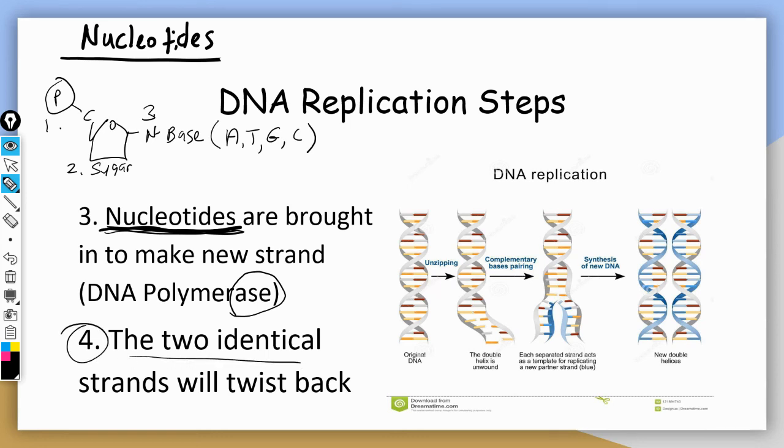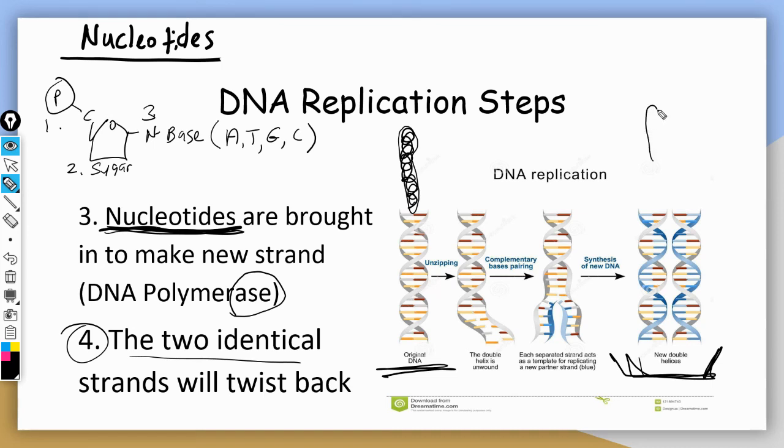Once all of the base pairs have been made, then step 4 right here, the two identical strands will twist back where you started with one original DNA molecule here. You end up with two new double helices that are the exact same copy of the original. If we were looking at this in chromosome form, then this DNA would look like this right here before replication.